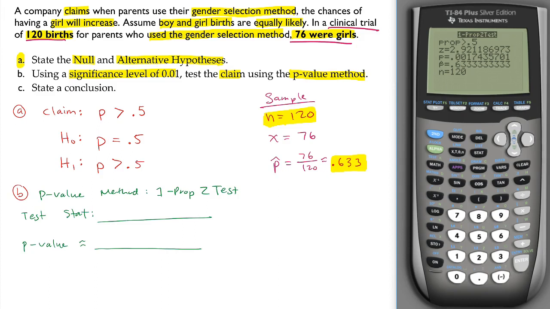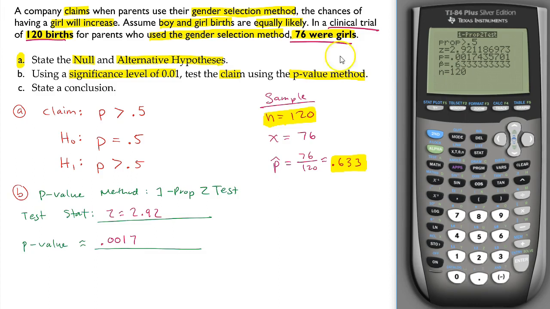The test statistic is usually rounded to 2 decimal places, so the test statistic is 2.92. The p-value is typically rounded to 3 or 4 decimal places, so in this case it's 0.0017. So the probability of getting this result is 0.0017, which is a very small probability.